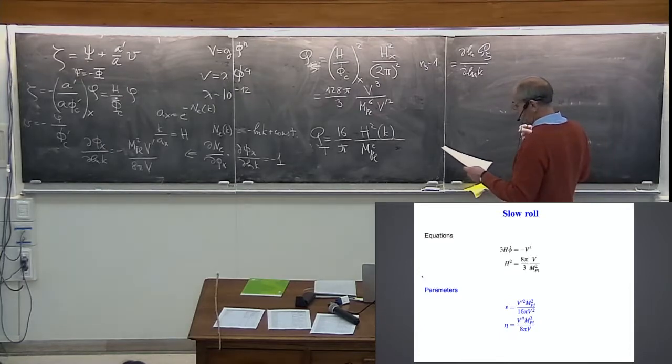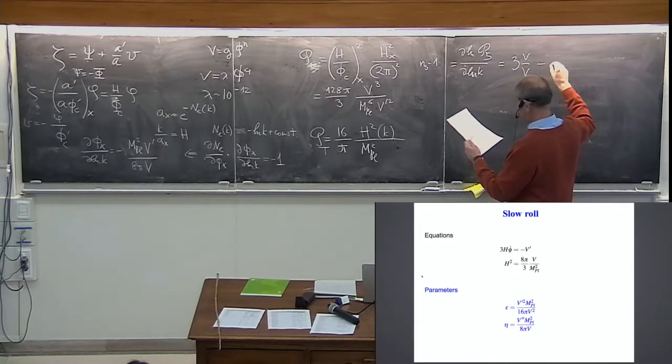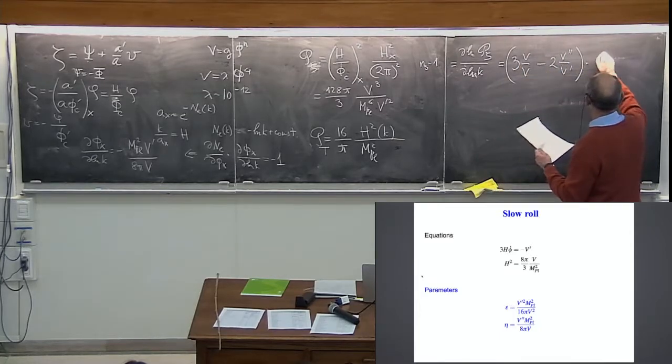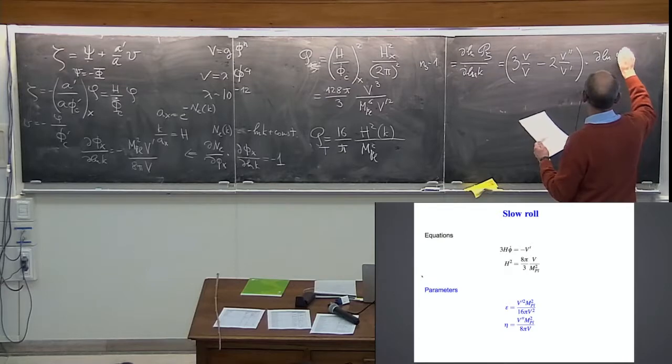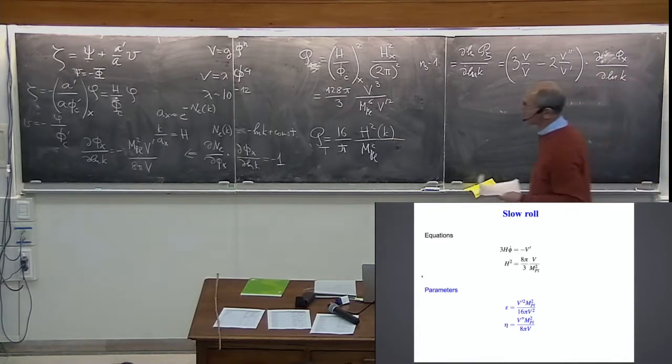So you immediately figure out that this is equal to 3 V prime over V minus 2 V prime prime over V prime, times d phi crossing divided by d logarithm k. This we calculated, it's here.